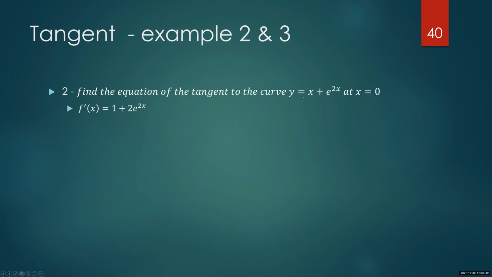So f dash of x, first of all, is 1 plus 2e to the power of 2x. And f of 0 is equal to 1, and f dash of 0 is equal to 3.